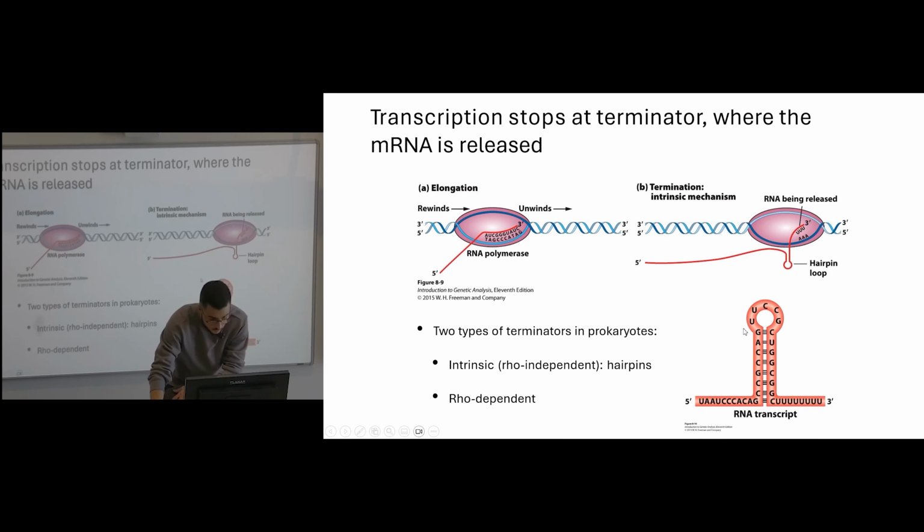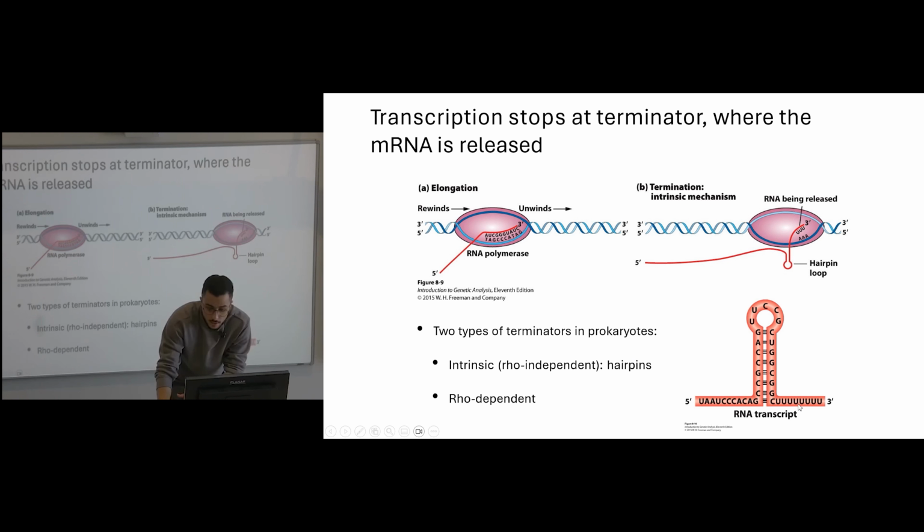For now, all you need to remember is that there are two types of terminators in prokaryotes. One called the intrinsic. This is usually the main one, and it's also called rho independent. And the mechanism is through these hairpins here, right?